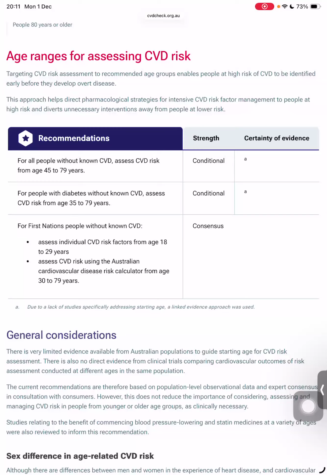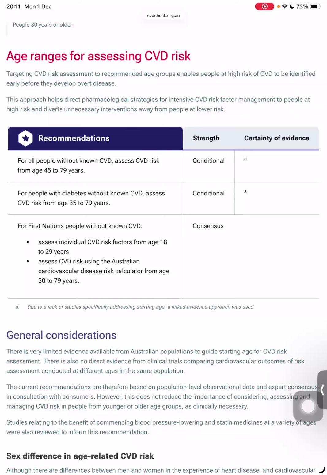The next one is for people with diabetes without known cardiovascular disease. I already told you, right? If we know the patient has cardiovascular disease, we are not screening these patients. We have to treat them. Here, we are screening to prevent cardiovascular events in the future.